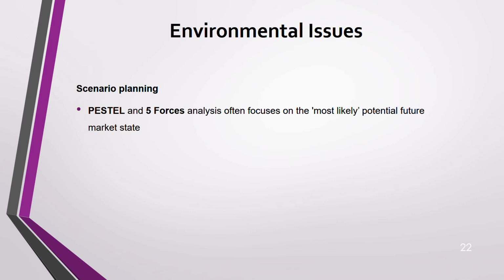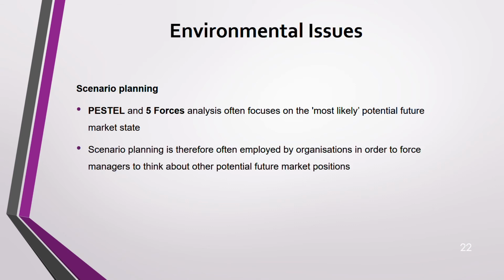Pestle and Porter's five forces focus on the most likely future market state. What is most likely to happen in the future? That's what Pestle and five forces have been doing. Now, why do we use scenario planning? So that we can force the managers to think that there are other potential future market positions also, other than the most likely scenario that we have gone through with Pestle and Porter's five forces.